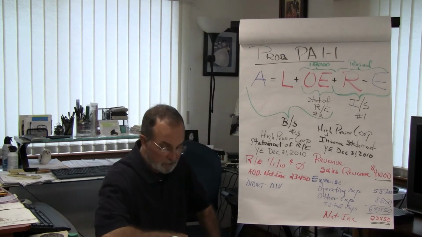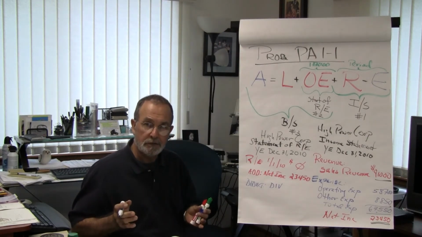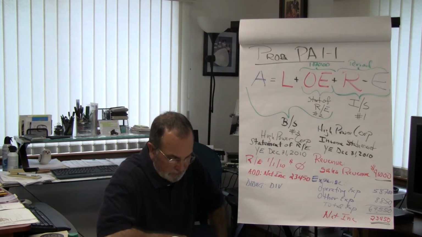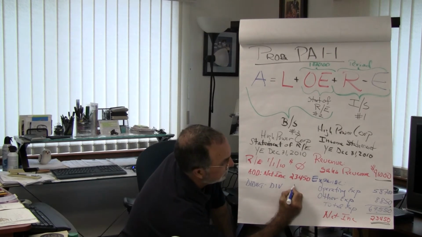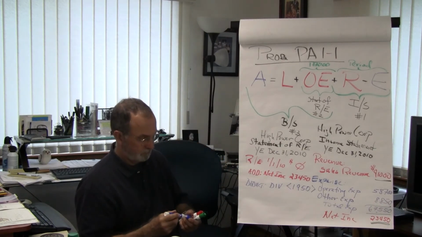And the amount of dividends shows up as a separate amount because it's in a separate account in our books. And that amount shown in the problem is $1,950. And that amount is subtracted.